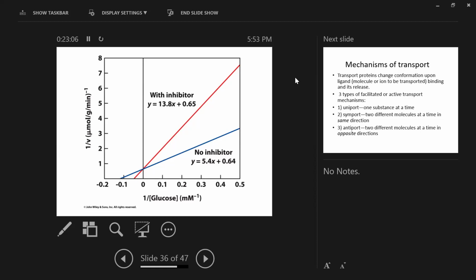Here we go. They have the same Vmax. If we keep adding more and more substrate, we're going to get the same Vmax. We can outcompete that inhibitor. Competitive, so it's competitive.